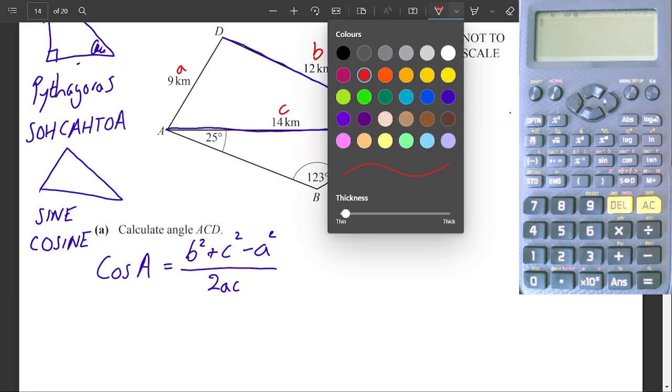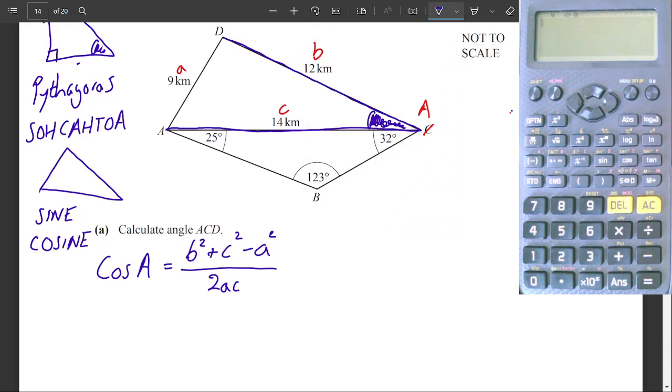So let's start. Now to work out angle A, I'm going to straight from the start rearrange it and move that cos across. So we've got the inverse of cos. B is 12 squared. We could have put 14. C is 14 squared. We could have put 12. But what's important is that A is 9 squared. That has to be 9.